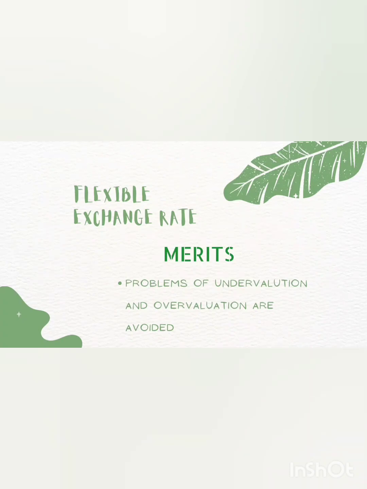Thus, increase in exports and decline in imports as a result of depreciation will lead to the automatic correction in the balance of payments. On the other hand, whenever there is surplus in the balance of payments, the exchange rate will appreciate, which will tend to reduce exports and raise imports. This again will tend to automatically restore the balance of payments equilibrium. This is how the flexible exchange rate system works to ensure the equilibrium in the balance of payments.